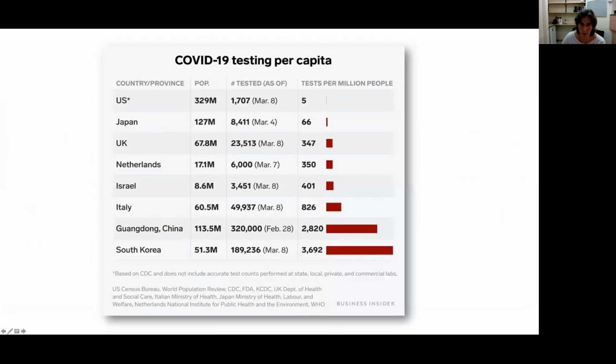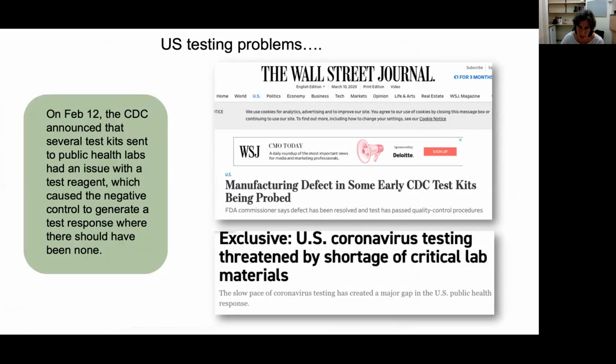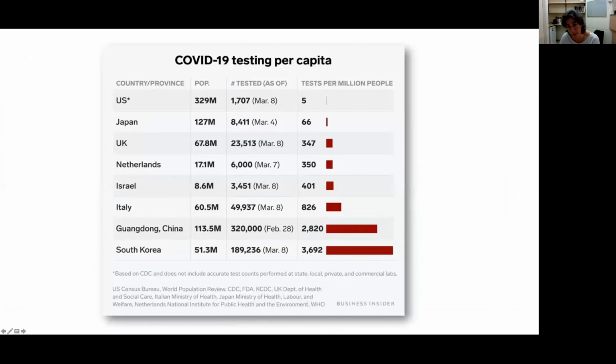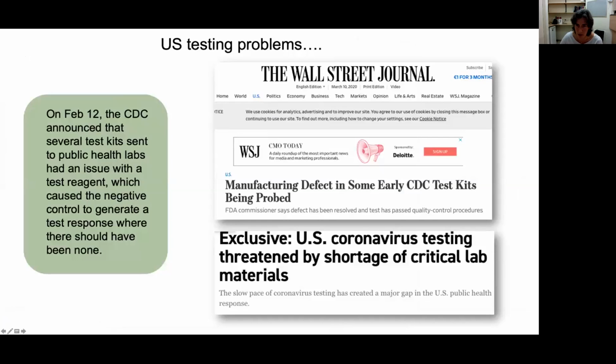As I mentioned before, one of the problems is that in the US, because people don't have health insurance, they did very little testing, only 5 tests per million people. And it wasn't only the health insurance problem; they also had, and still have, other issues with their tests. This slide speaks to biologists: they actually had a contamination in their PCR, and their negative control was showing a result.